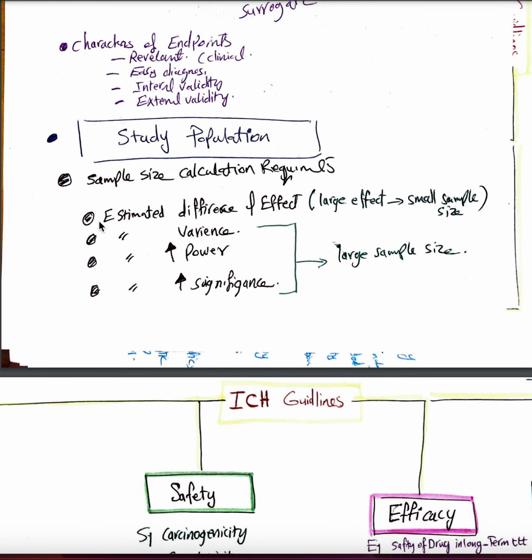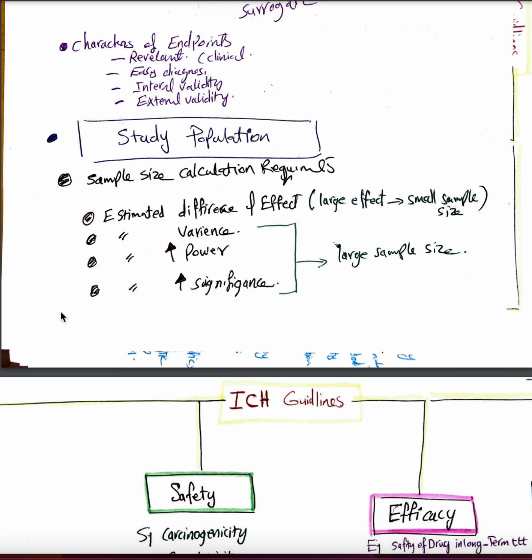So we have here the estimated difference of the effect. If I want to detect a large effect, we can choose a small sample size. I mean exactly that I need a small number of people, so I need a small sample size. But if I want more variance, indicating the power or significance of the group, I need a large sample size.